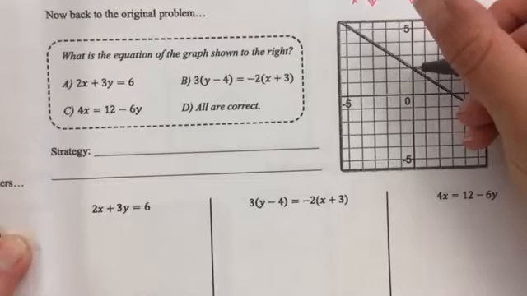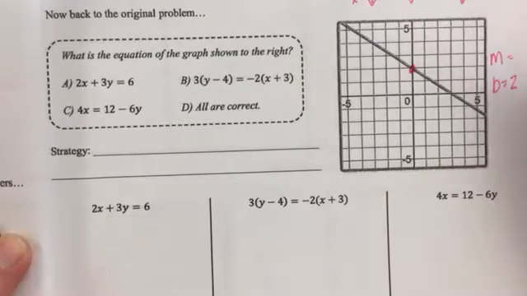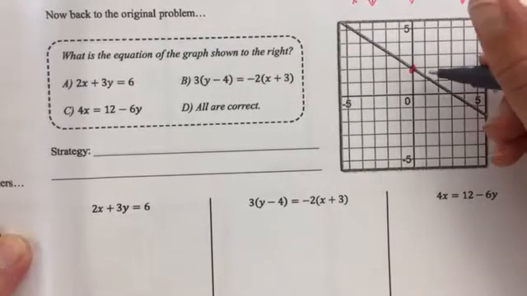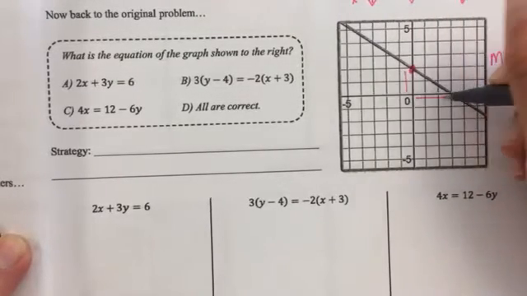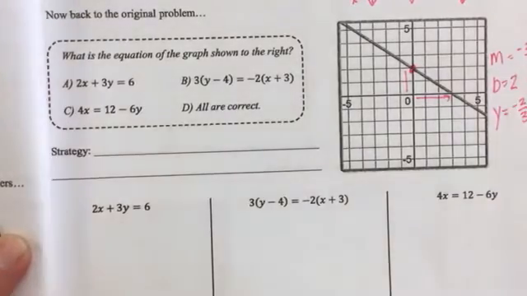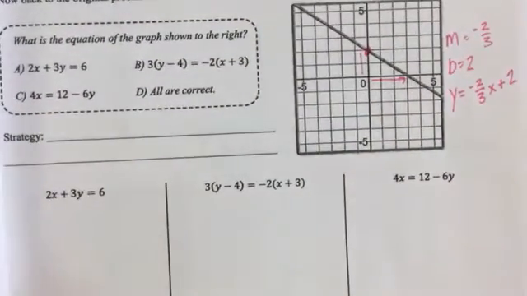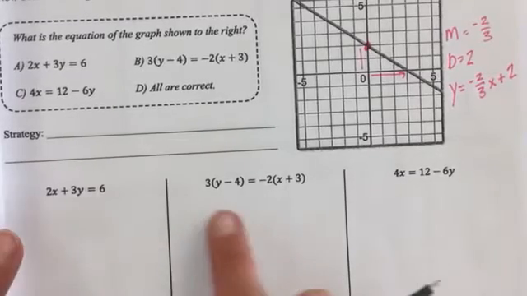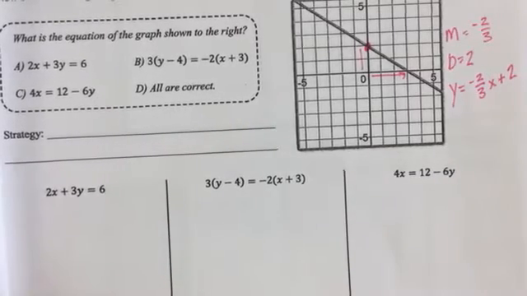Our b is +2, and what's our m? Looks like 2/3 maybe, -2/3. Okay, so we know our equation should read y equals -2/3 x plus 2. We've got to figure out which one of these is going to meet that.